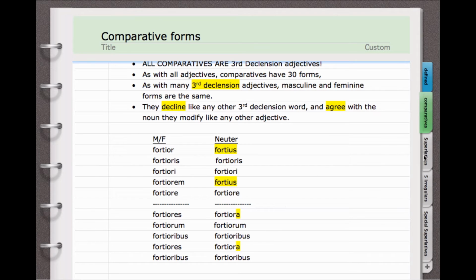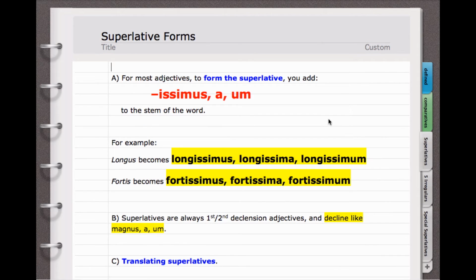Moving on to superlatives. Most adjectives form the superlative by taking the stem and adding issimus. That is going to imply that this is a first, second declension adjective, as we will find all superlatives are.